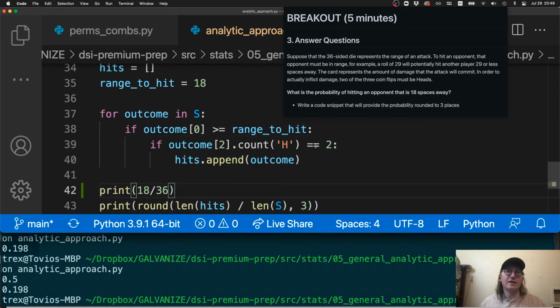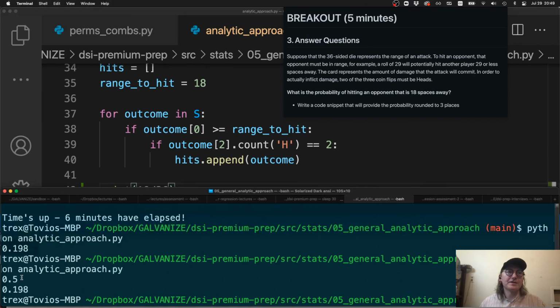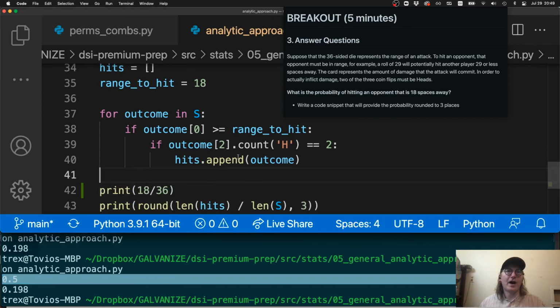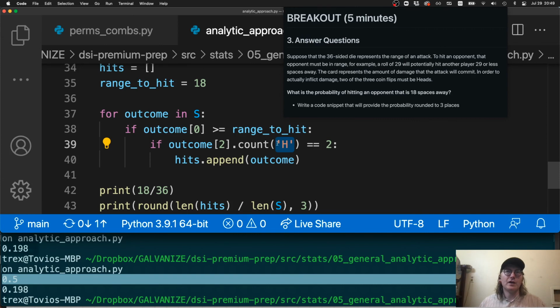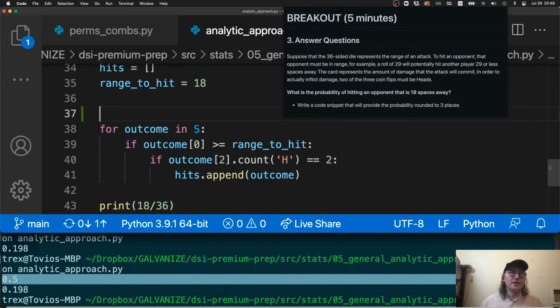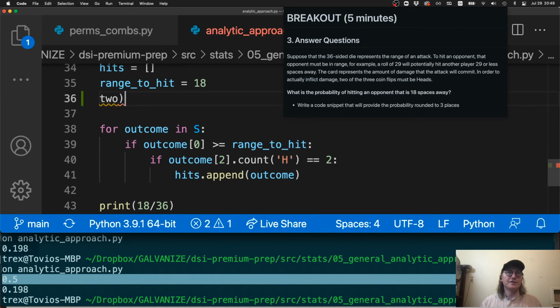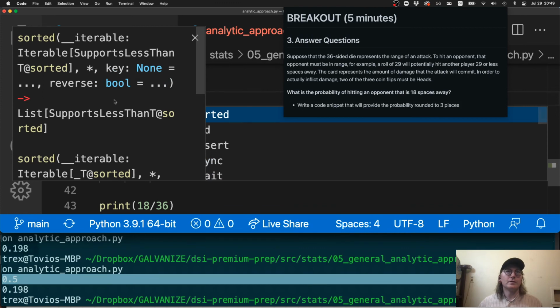If you think about how we're modifying this, 0.5, and then we're going to modify it by the number of occurrences where there are exactly 2 heads. Maybe I'll even modify this further. So 2 heads, let's do that.